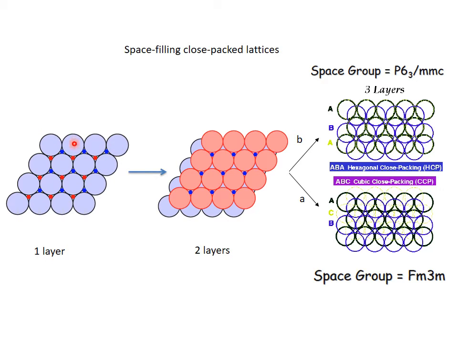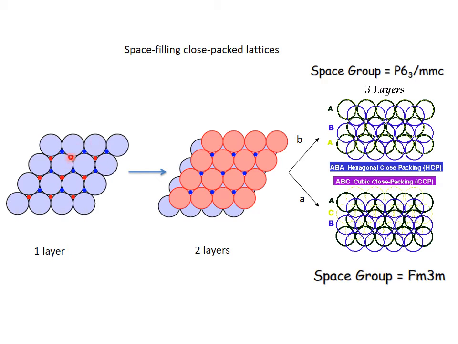Because of geometric arguments, you can produce the closest packed structure when you arrange exactly 6 spheres around a central sphere, because in this case, all the spheres touch each other.